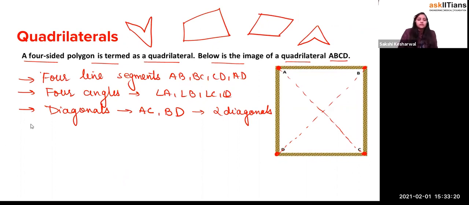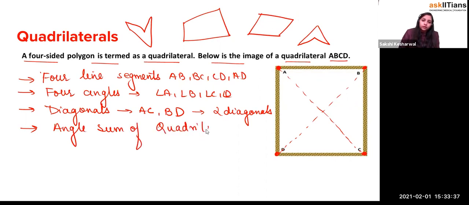Now, as we did in the last class about the angle sum, what is the angle sum? This is extra I'm telling you, so it's okay if you just understand. The angle sum of a quadrilateral is how much, beta? 360 degrees.